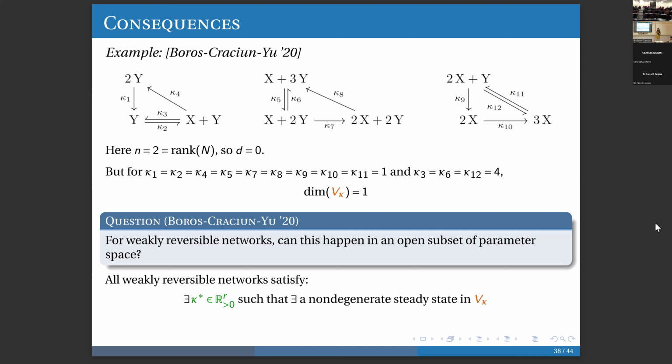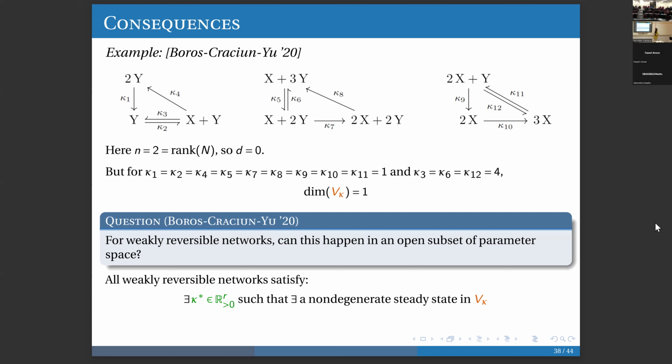When the discriminant is 0, you get only one line, but it's a double line. So all the steady states will be degenerate. So for specific values of the k, those that make the discriminant vanish, you will only have degenerate steady states. Is that the kind of answer you were looking for?